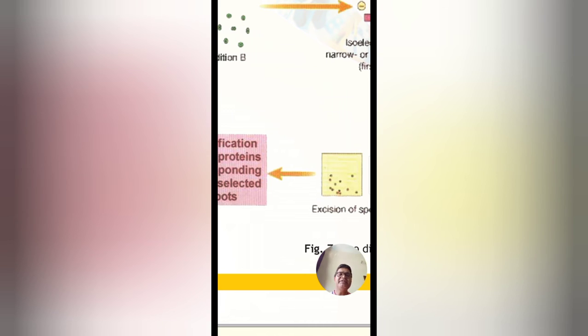The next question that comes to your mind is, who developed this 2D gel electrophoresis? First of all, O'Farrell, a scientist, in 1975 developed 2D gel electrophoresis.